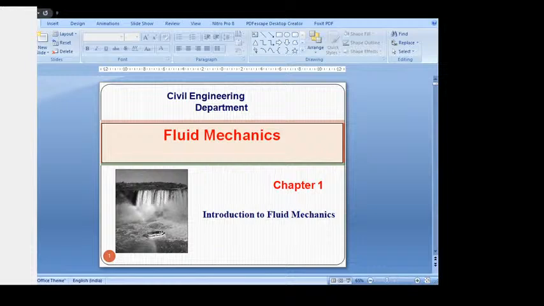Okay. Everyone is with us, yes. Okay. Priyanka Gautam, yes, sir.